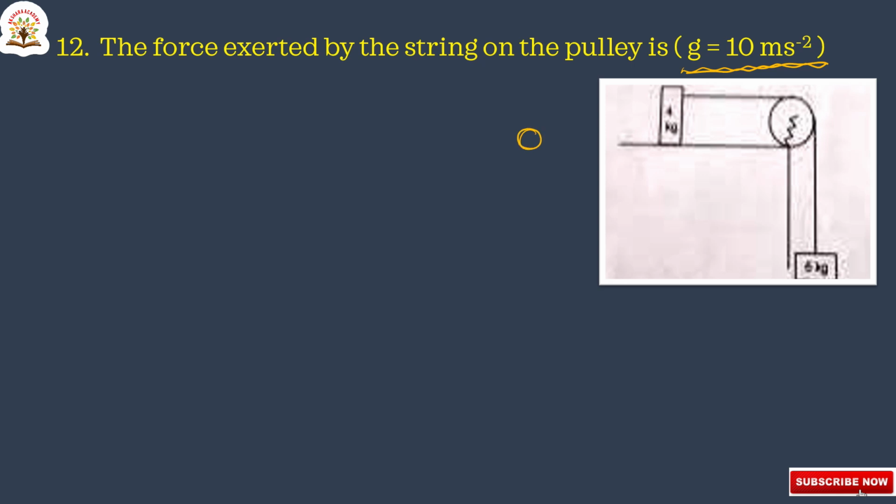For example, this is the tension, this is the force F thrust, so F thrust is equal to the force exerted by the string on the pulley. Now let us go to the solution.